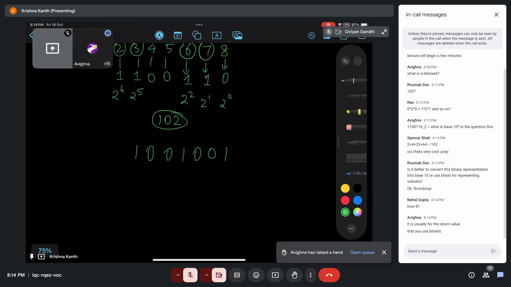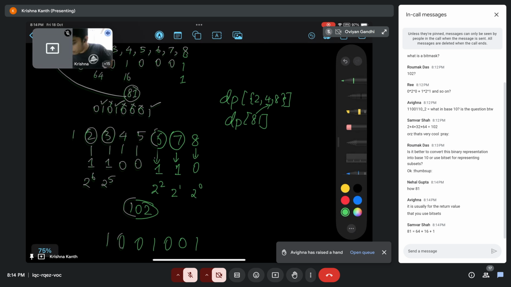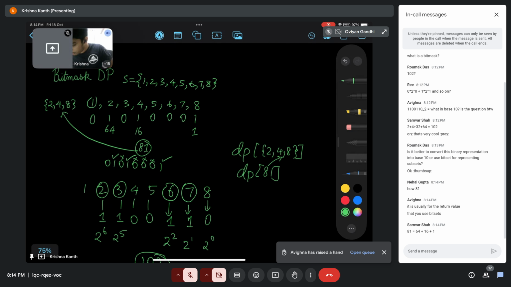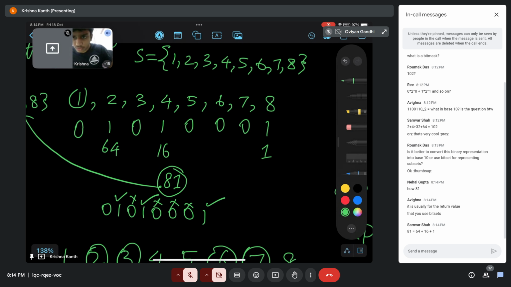Sorry to interrupt, but I think someone in chat has another question. Nehal asked how 81 is the answer. I'm not sure if my calculation is wrong, but I think it should be 81. Nehal, do you understand that this can be represented as a number in binary, right?